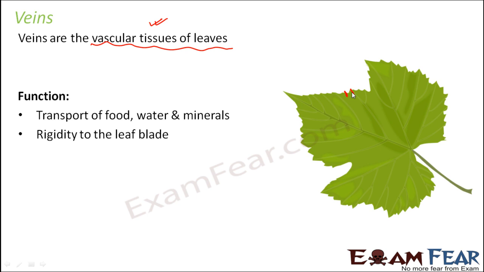You need to give a little more pressure to tear it from that portion, right? Had there been no veins or veinlets, the leaf blade would not have been rigid at all. It would have been very thin, and even if a little wind blew, it would have been damaged. So veins and veinlets also provide rigidity to the leaf blade. Both of these are very important functions performed by the veins.